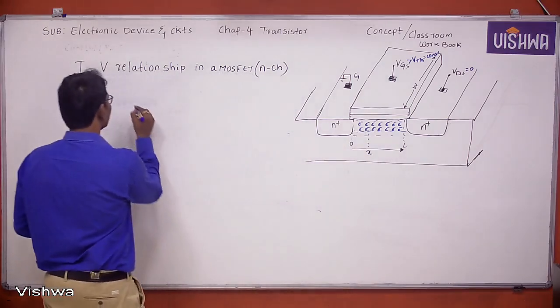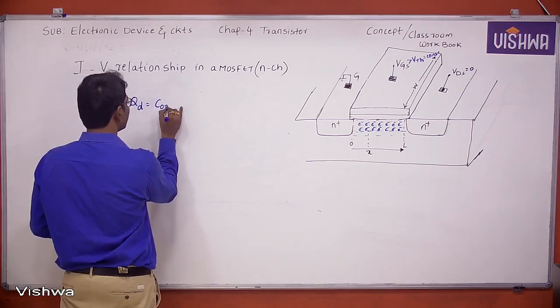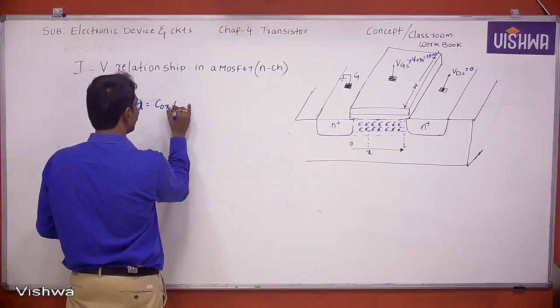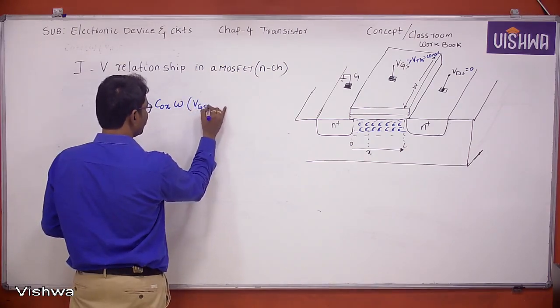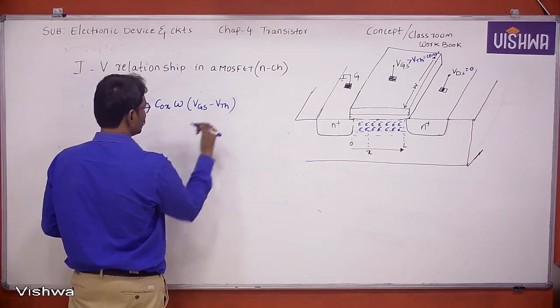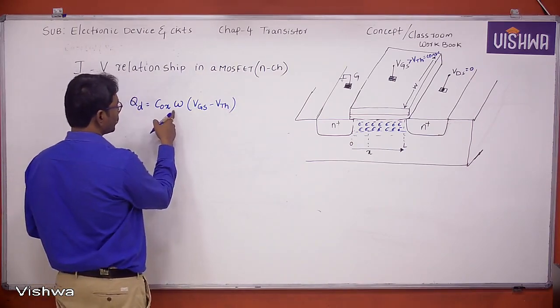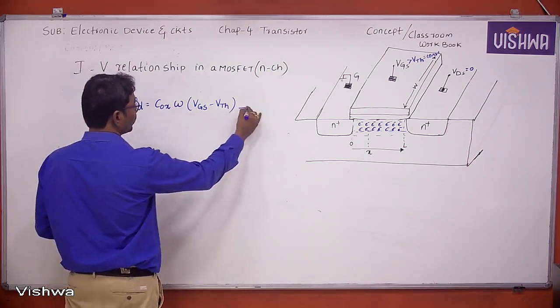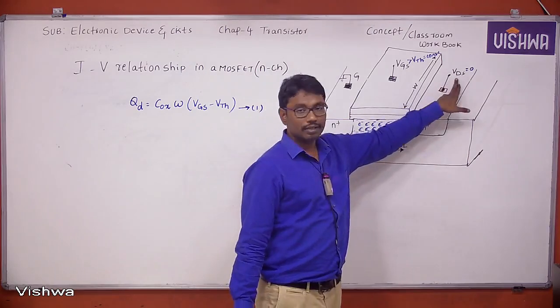The total charge in the inversion region is simply COX into W into VGS minus VTH. QD equals COX into W into VGS minus VTH, whenever VDS is 0.